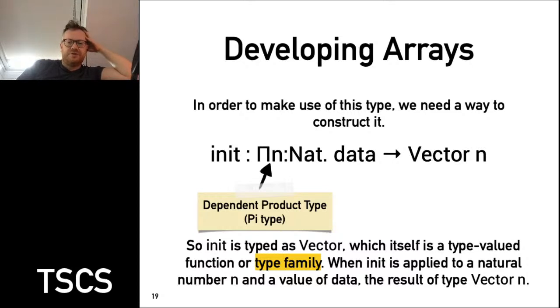It's a so-called pi type. The left part of that function type here is this pi n dot nat with a body of data. We will soon learn what this is about.